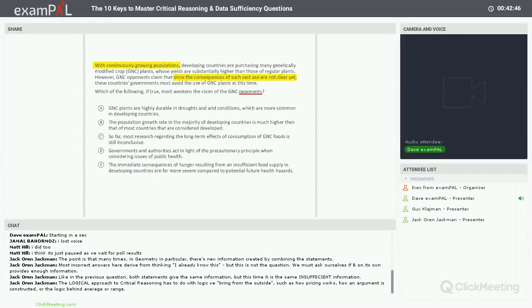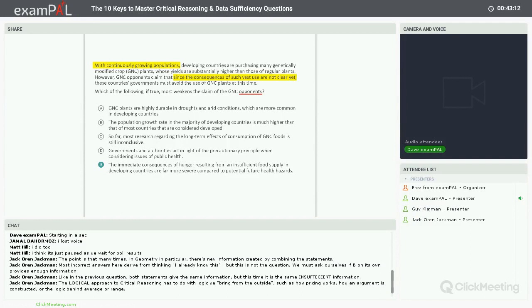Maybe they have bad health effects. So these are our two claims. Continuously growing populations need it, and on the other hand, we don't know it. So now we know what we're looking for: either a strengthening of the first one or a weakening of the second one, or the best option, a comparison of the two, something that tells us that the first is a stronger claim. And this is exactly what answer choice E here gives us.